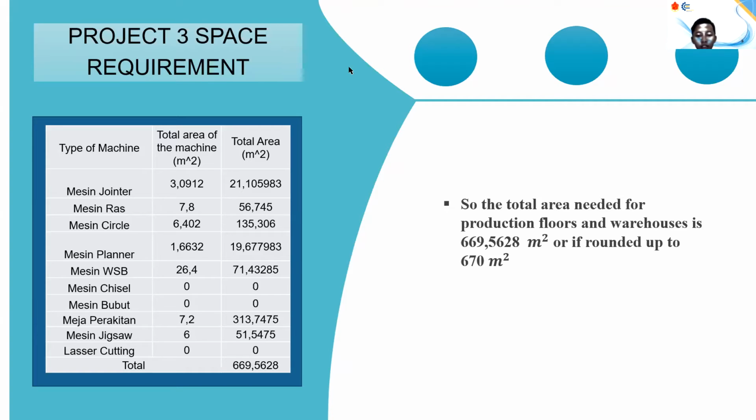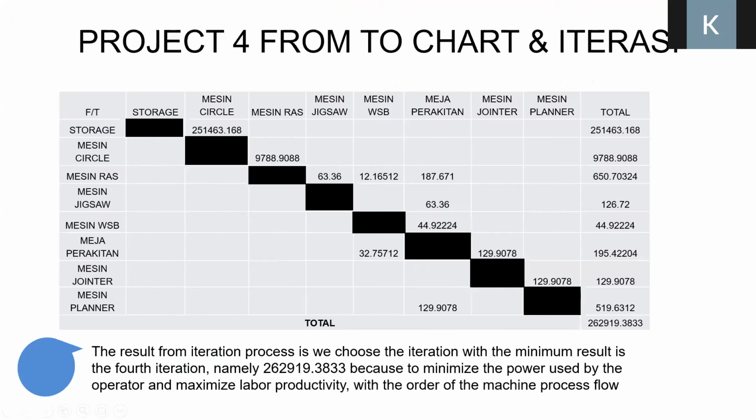So the total area needed for the production floor and warehouse is 669.56 square meters, or rounded up to 620 square meters.